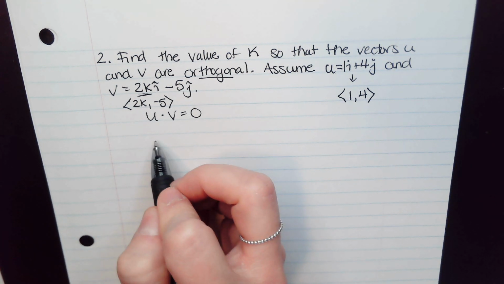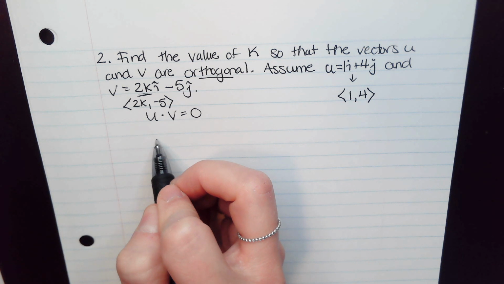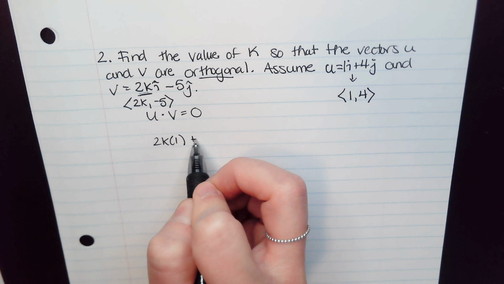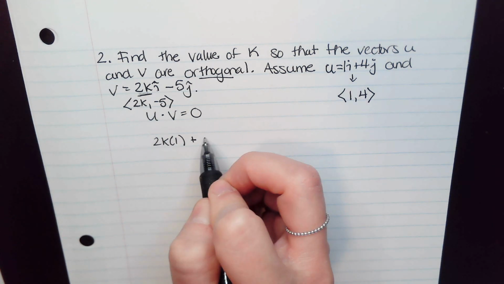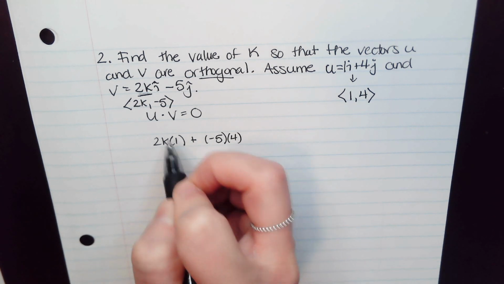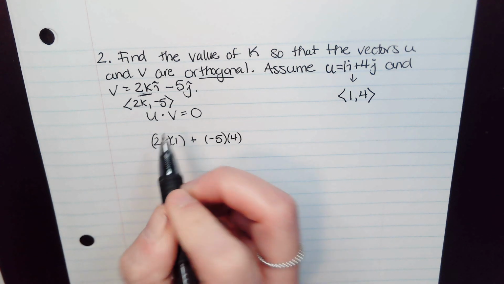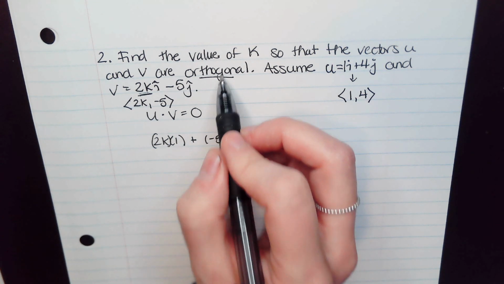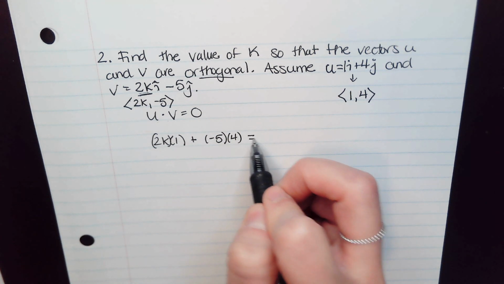So now I'm going to take 2k times 1 plus negative 5 times 4. I know that this is my dot product, and if I want them to be orthogonal, then that dot product has to equal 0.